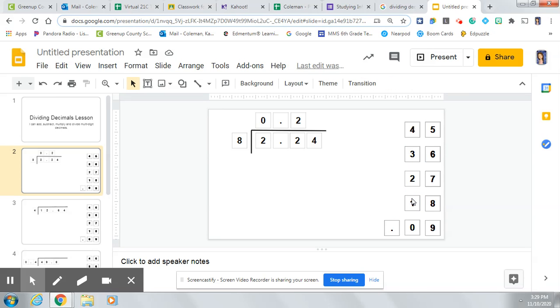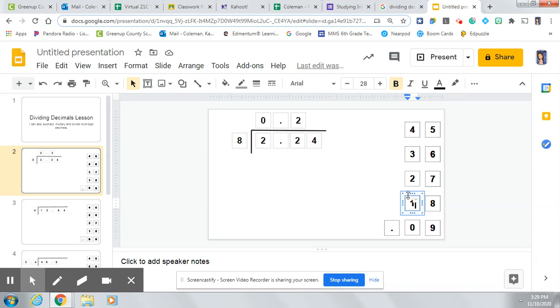So I'm going to drag the 1 and the 6 underneath 22. So 1 is going to go below that 2, and the 6 goes below this 2.